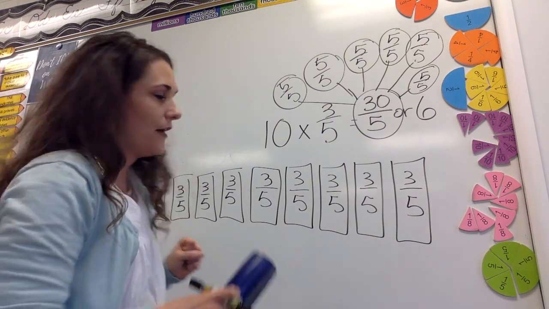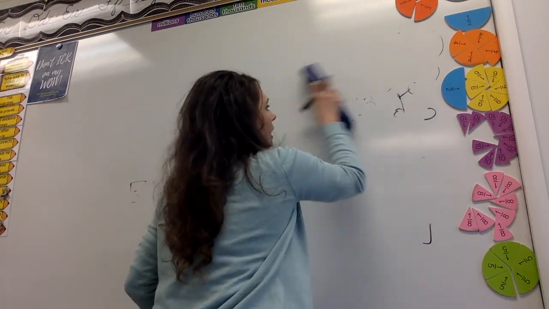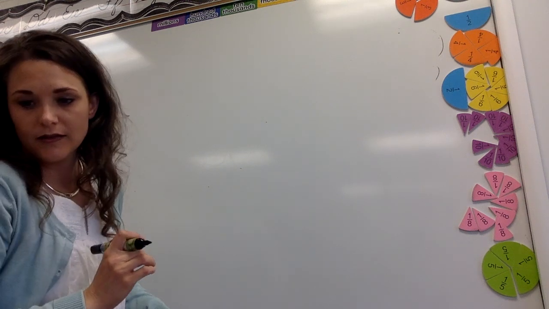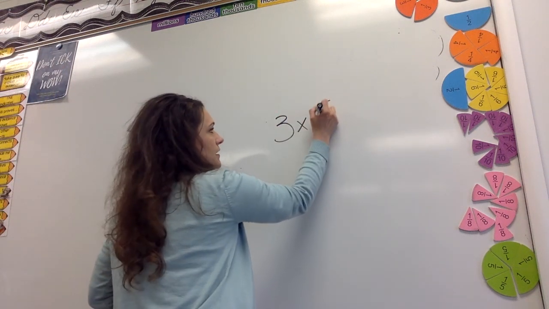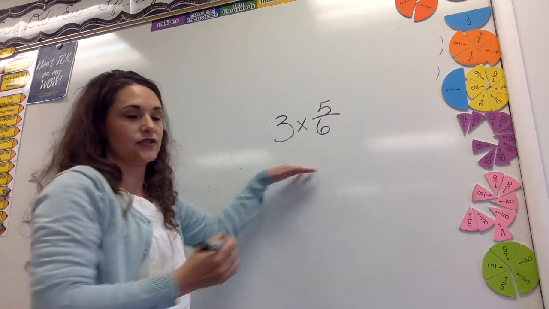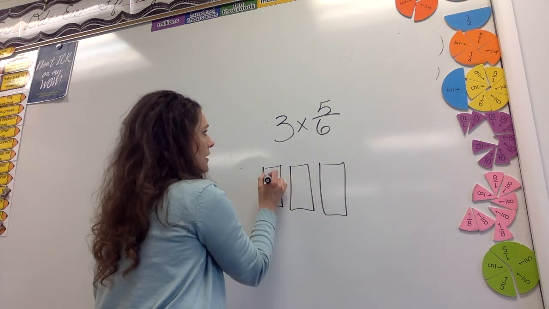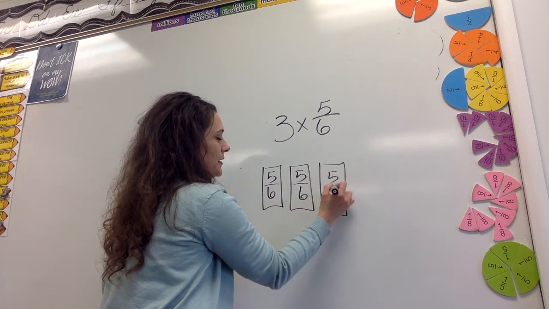Let's see, I think we have time to do one more really quick and say that I have, let's do 3 times 5/6. So really, I could draw the picture and have 5/6, and there would be 3 of them, right? 3 of these 5/6 pieces.